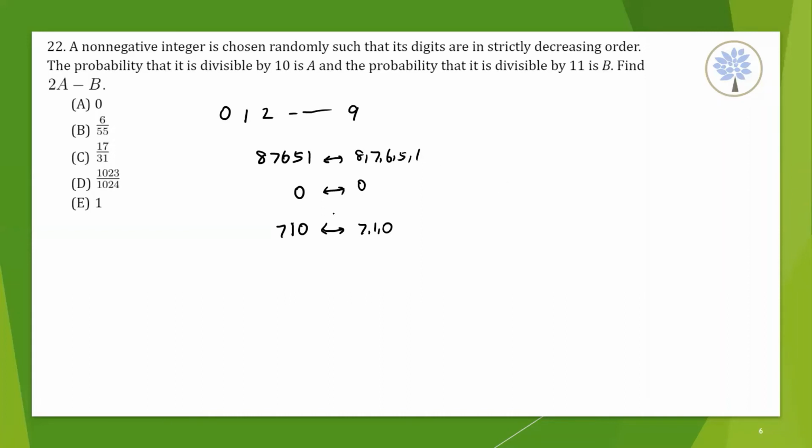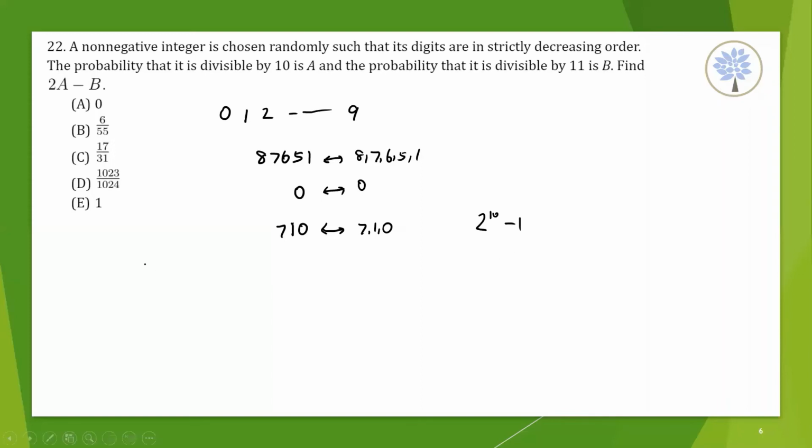So with this bijection, the number of such non-negative integers is exactly the number of subsets of 0 through 9, which is 2 to the 10, minus 1, since we're excluding the empty set.